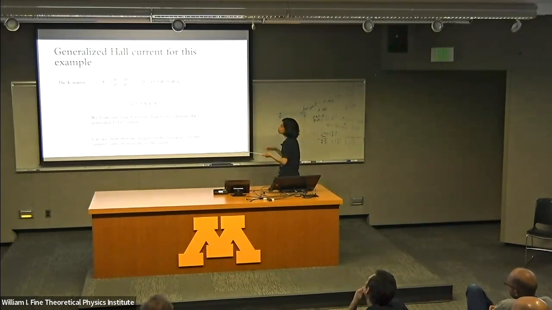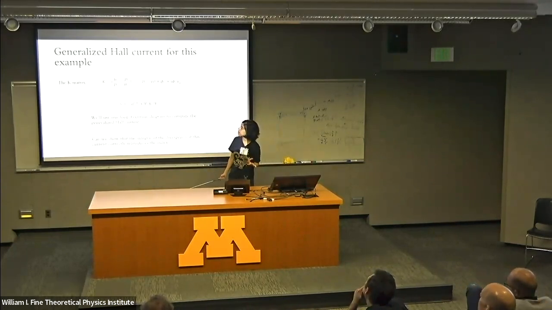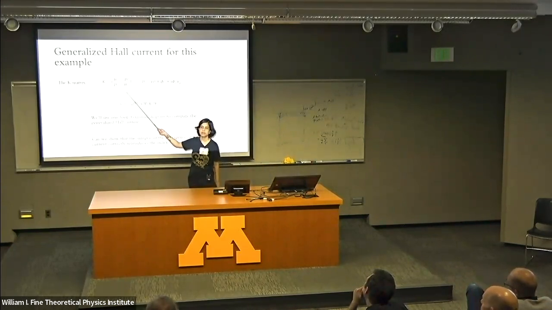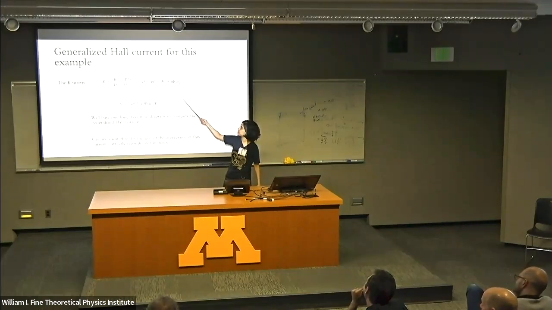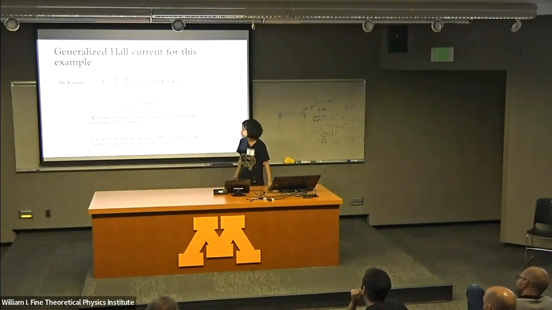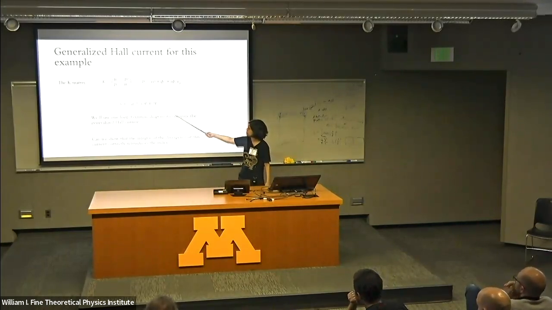The generalized Hall current for this example, you can compute by starting with this doubled K matrix, where D is this operator, and you just take the dagger of this and you can get the K matrix. This is my double theory.